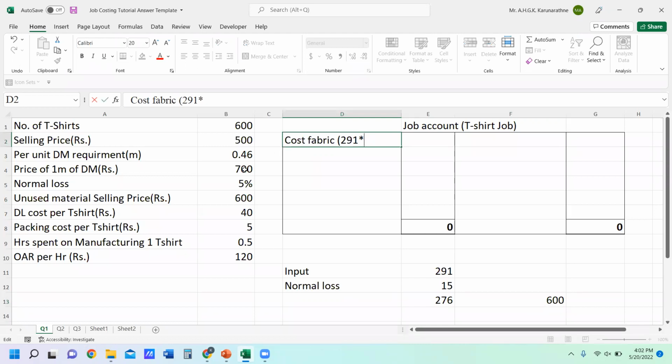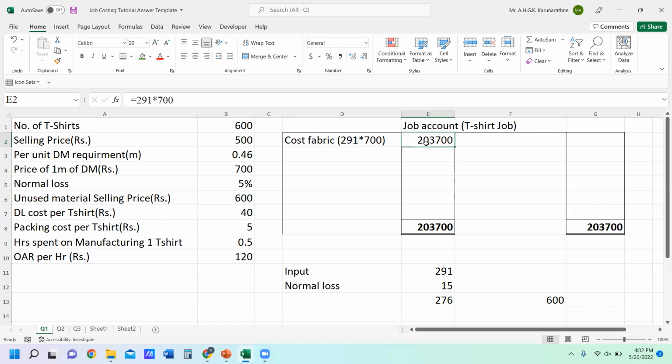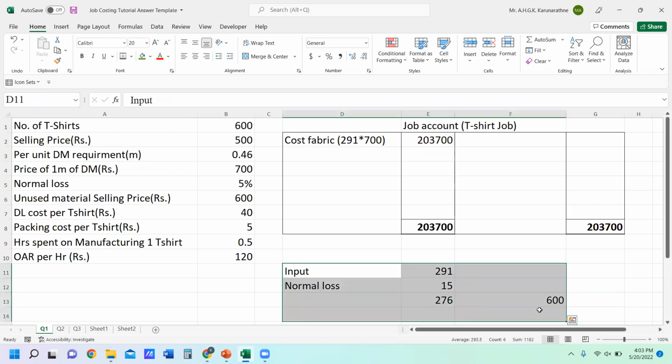What is the fabric cost rate? 700 rupees per meter. This should be your answer: 291 meters of fabric times 700 rupees per meter. So this is the cost of fabric. What is the double entry for this? Job account debit, raw material control account credit. So I'll delete this.